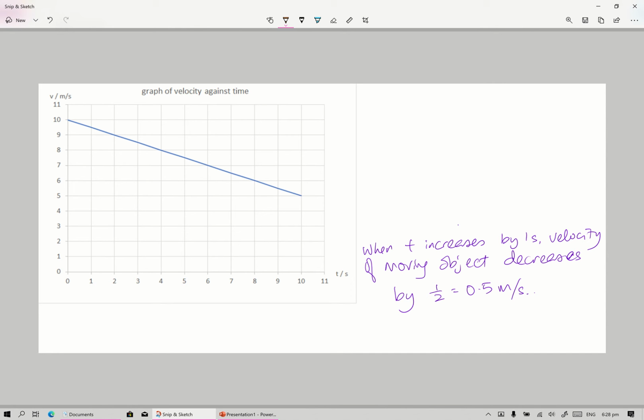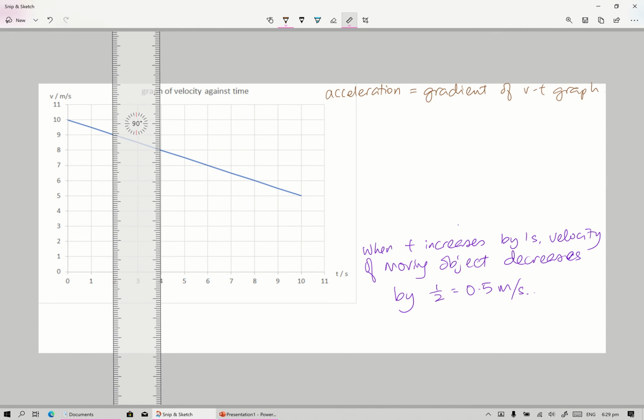But despite that the shape looks different, bear in mind the concept is still the same, and that is acceleration equals gradient of velocity time graph. You still find the gradient, right? Doesn't matter the shape, you still find the gradient because that is a very basic fundamental you need to know.